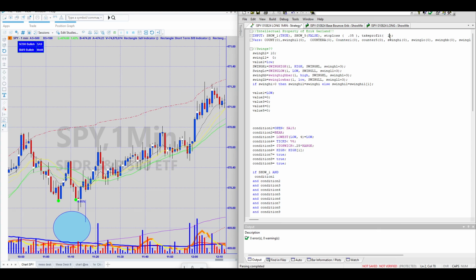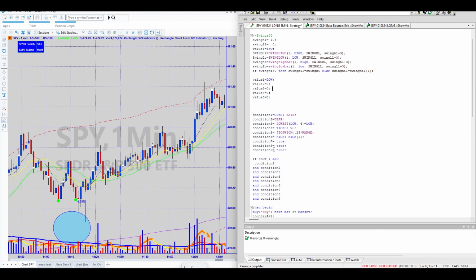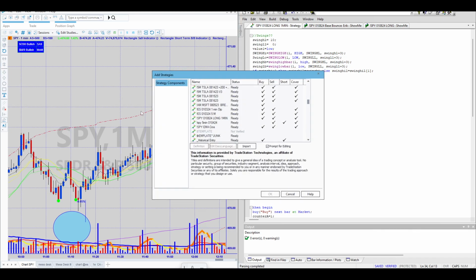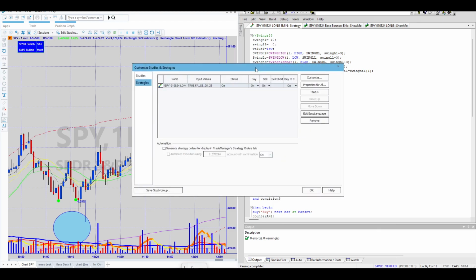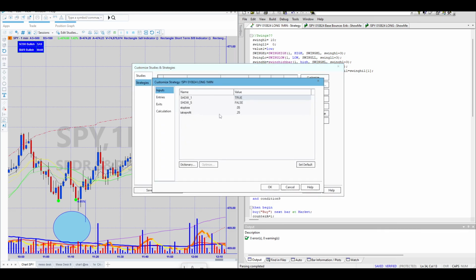Say take profit of, I don't know, 1 to 5, so 25. Now we're going to optimize it every time.